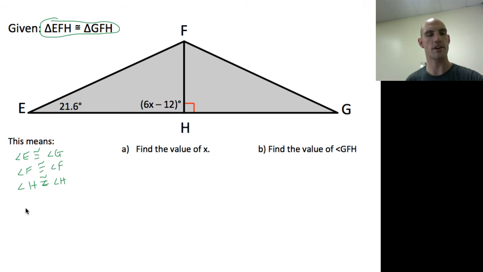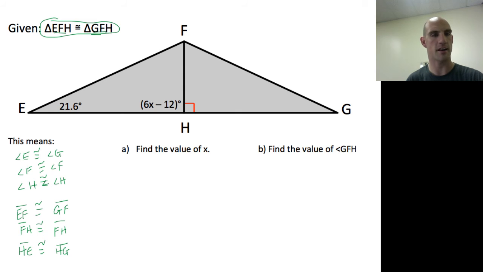So, watch how I do this. EF, the side, is congruent to GF, the first two. So that means that FH is congruent to FH, not surprisingly. And it means that HE is congruent to HG.